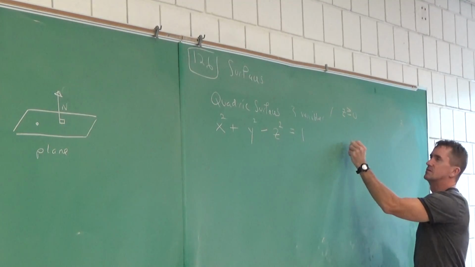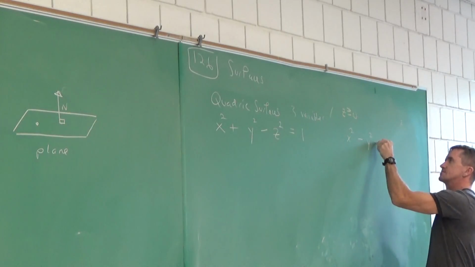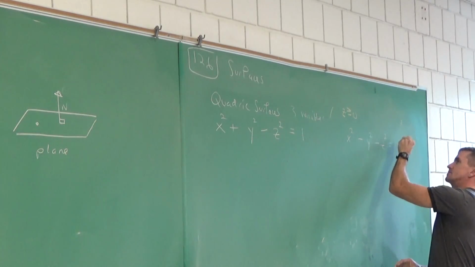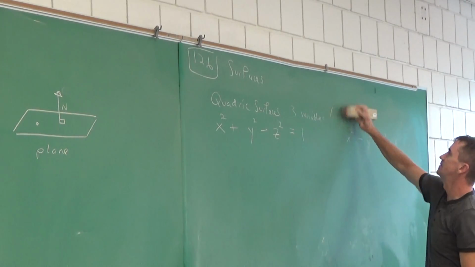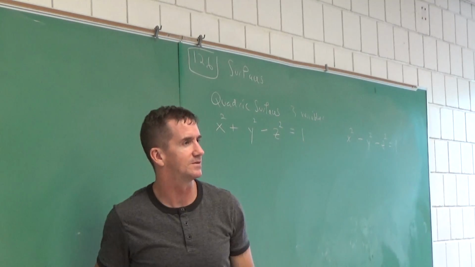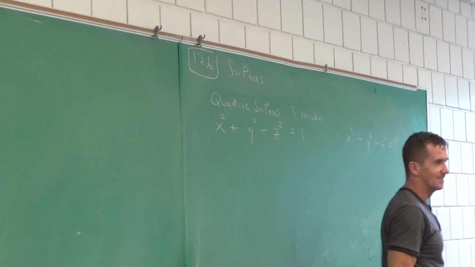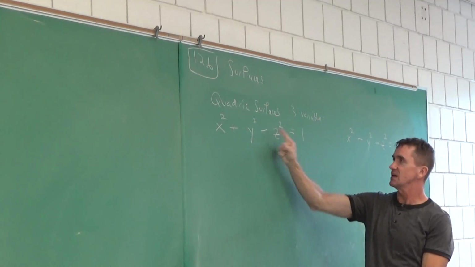I'll put one over here too. Now, don't these both look like spheres? Cool. But this has how many minuses? 1. Looks like the sphere, but has one.